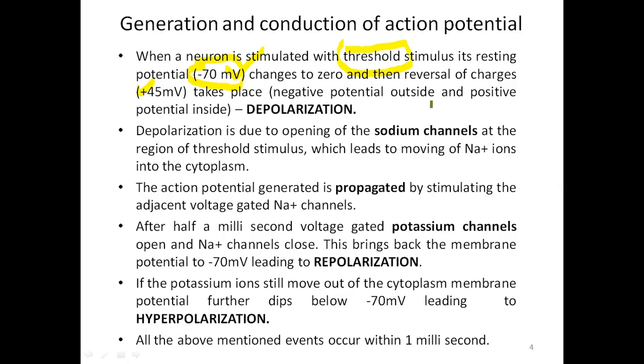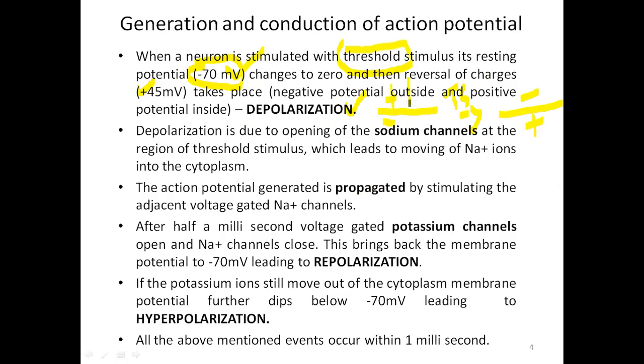Because of that, we call it depolarization. So if you consider this as the neuronal membrane, at rest it is positive outside, negative inside. Once there is a threshold stimulus, it leads to reversal of the charge, that is negative outside and positive inside.